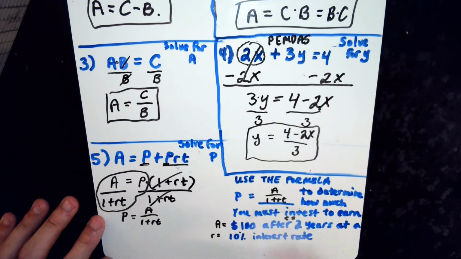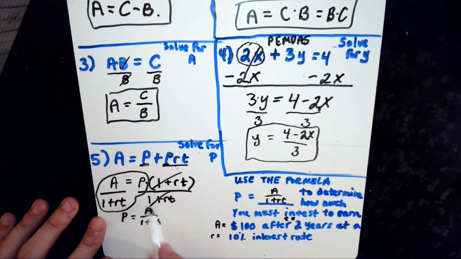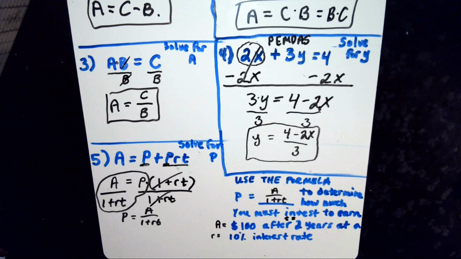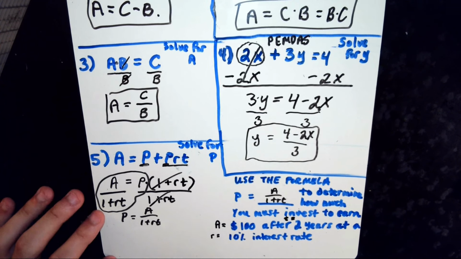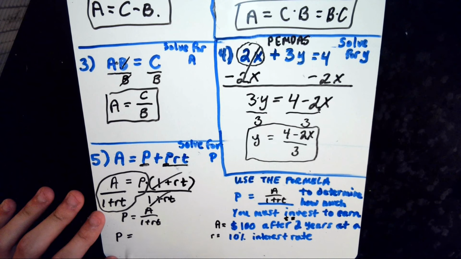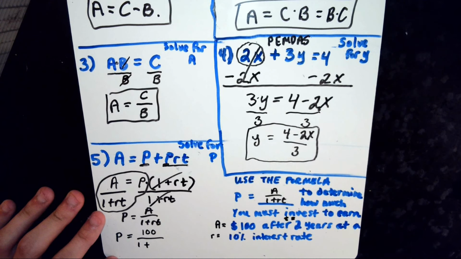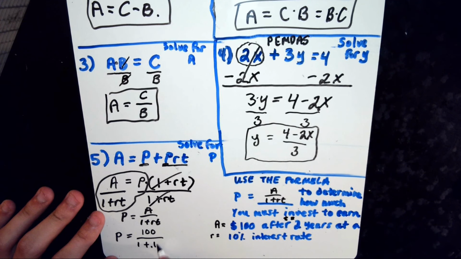So we're going to plug all of this information into the formula we just found to determine how much money we'd have to invest to end up after 2 years with $100. So let's do it. We take p equals, we want $100, that's A. And on the bottom we'll have 1 plus rt, that's 1 plus 0.1 times 2.